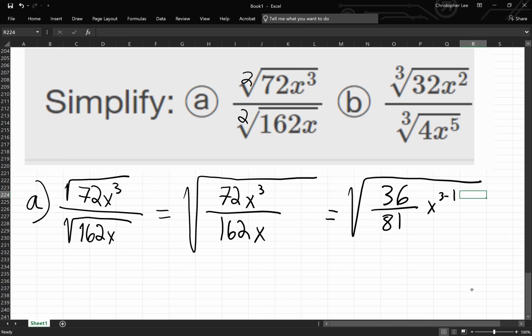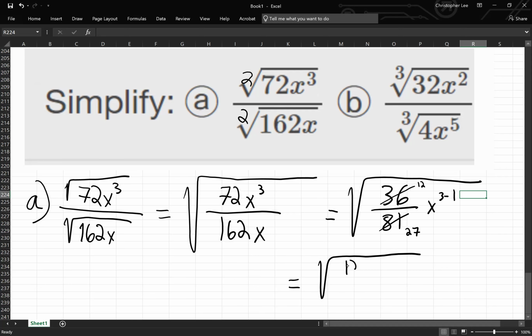So anyway, I have 36 and 81. I feel like a 3 will go into this. Would 6 go in? No, 6 wouldn't go in. But 3 definitely could go into this. So I could factor out a 3. 3 goes into 36 12 times, and 3 goes into 81 27 times.